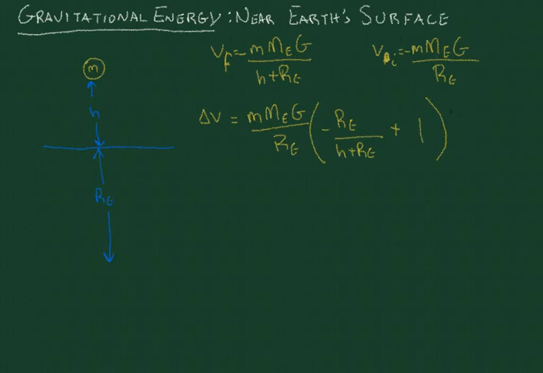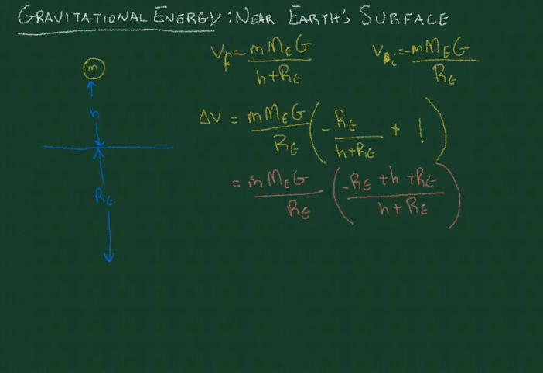Okay, and so now we'll simplify and get a common denominator. So we see that this is equal to the mass of the object times the mass of the Earth, G over the radius of the Earth, and then minus radius of the Earth plus h plus radius of the Earth, all over h plus the radius of the Earth.